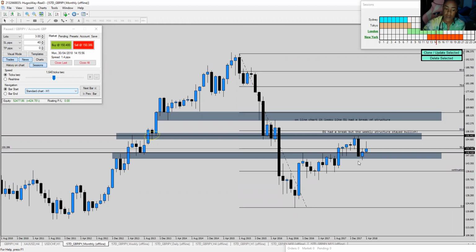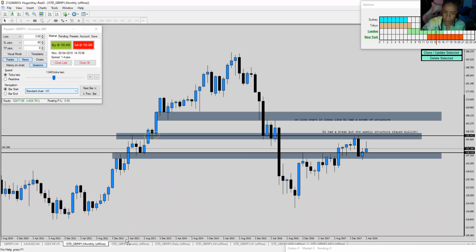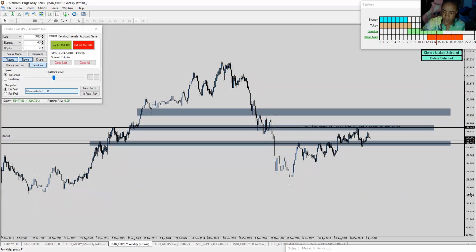And I realized that on the monthly, if price wanted to reverse from it, it would be an official price reversal zone because it's past the 38.2. So it's not just going to slightly reverse, continue, and then break that level. If anything, price would reverse from this level and continue. So we had that, but that fib is so big you don't even really have to worry about it too much.